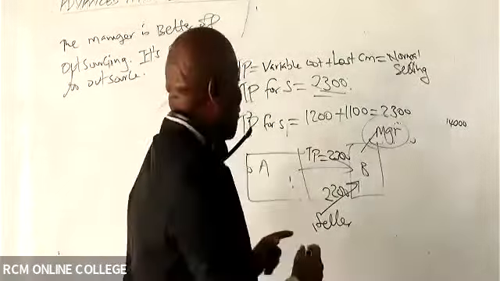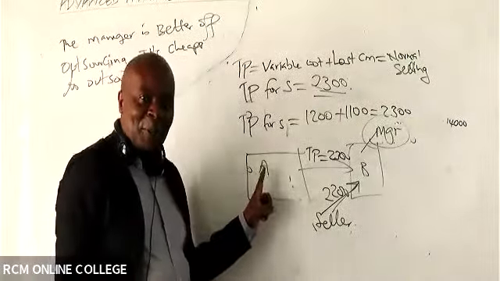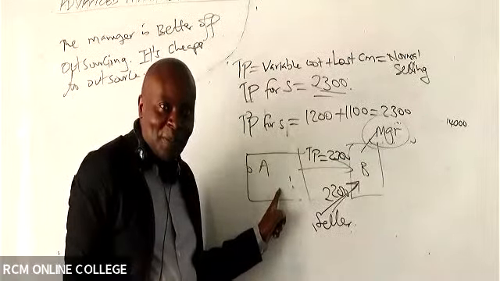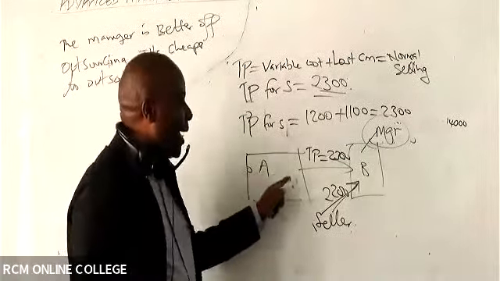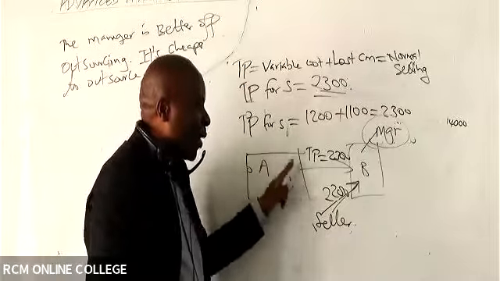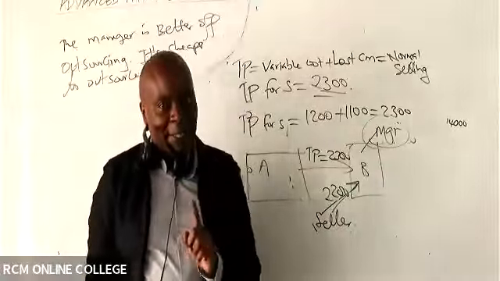But now again, there is another thing that you must bring in as a management accountant. When you tell this guy to outsource, have you considered that there could be a possibility of idleness? Because if we don't give these guys here work to produce these things for us, it means that there is a possibility of idle capacity.